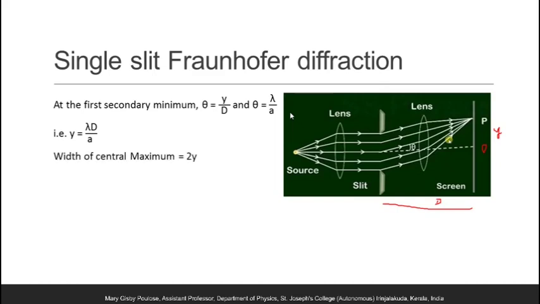Now the width of the central maxima is actually 2y. If we have the first secondary minima here, we have a similar first secondary minimum here too, and the distance from the center to this secondary minima will again be y. Thus the width of the central maxima will be 2y.